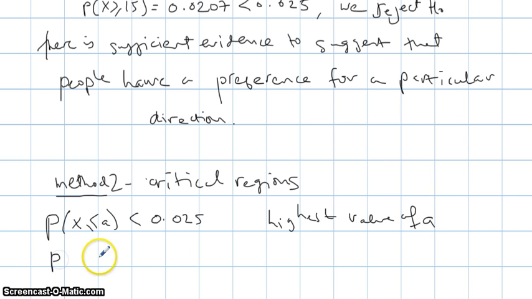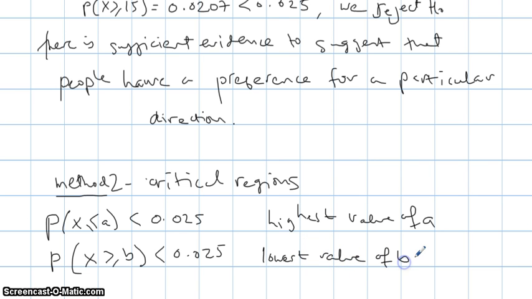And the probability that x is greater than or equal to b is less than 0.025, and here we're looking for the lowest value of b.